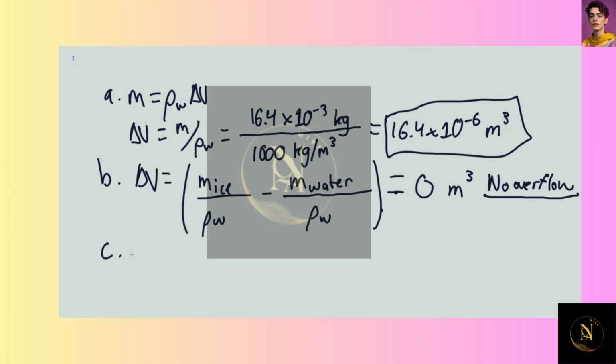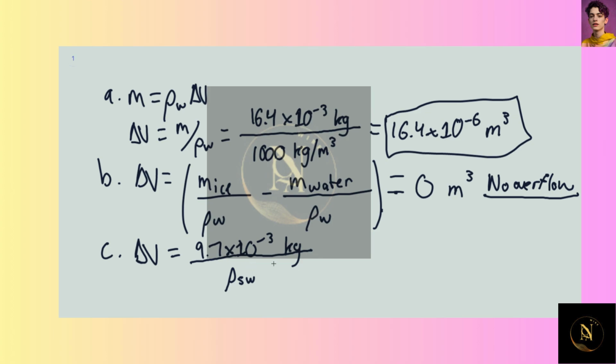And part C is asking what's the volume displaced by a 9.7 gram, so 9.7 times 10 to the negative third kilograms, ice cube. And now this is going to be divided by the density of salt water, because this 9.7 gram ice cube is now being placed in salt water instead of fresh water.